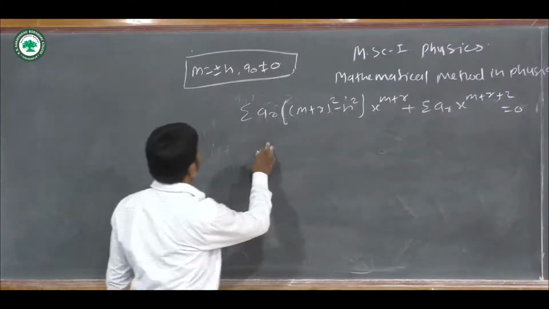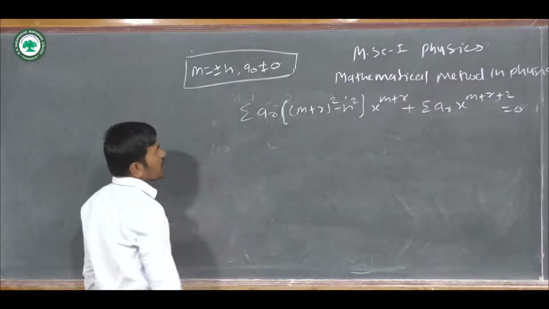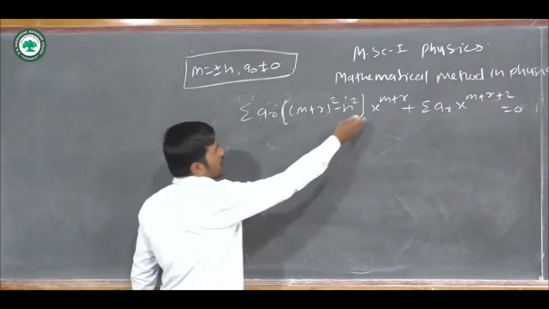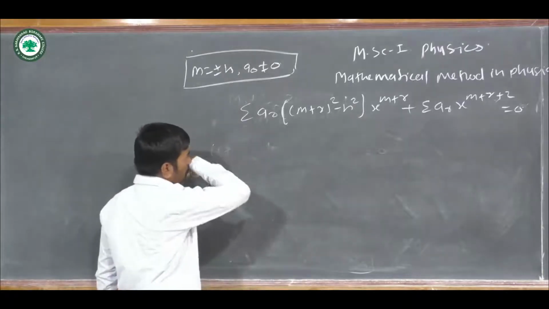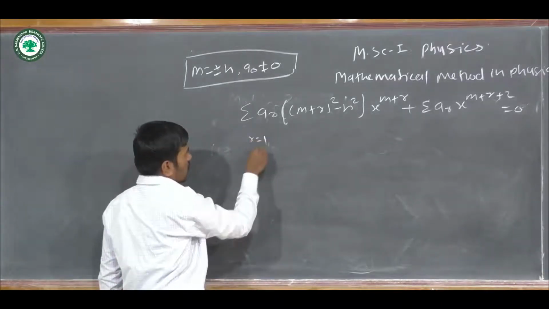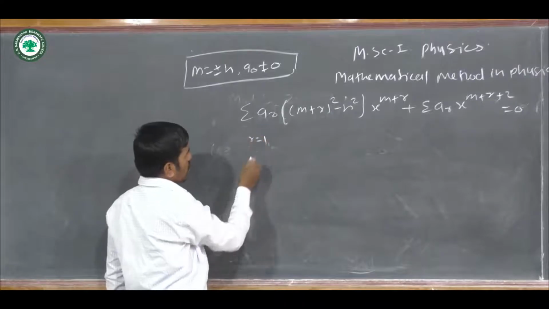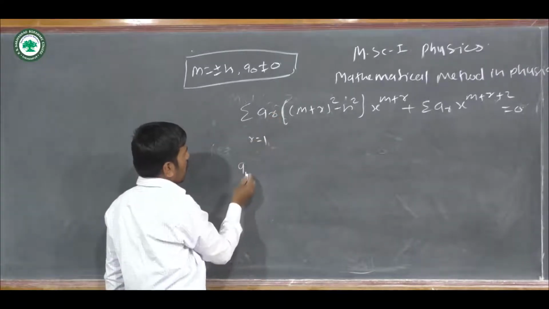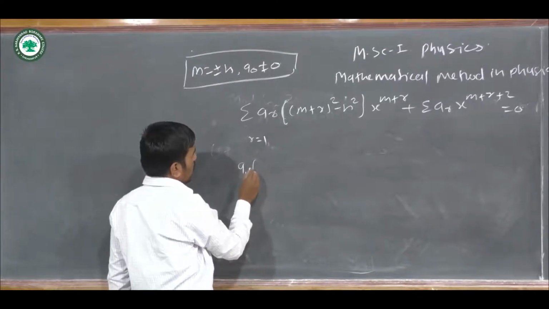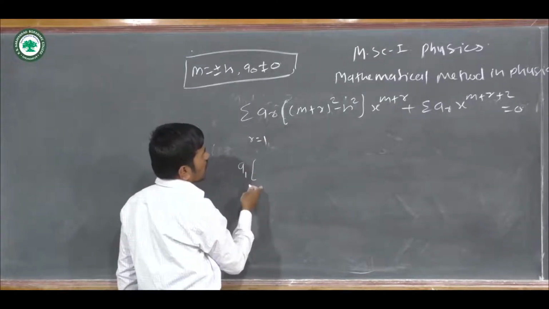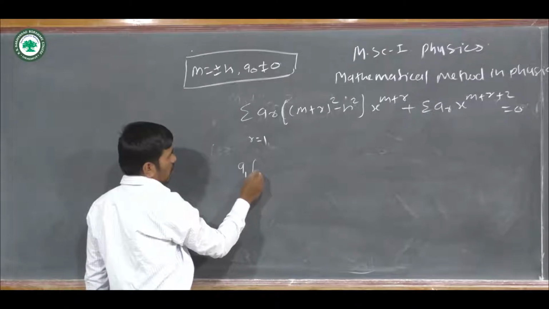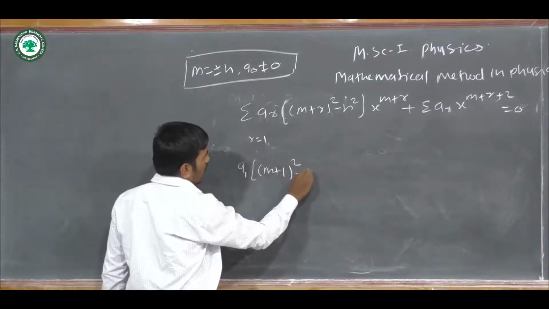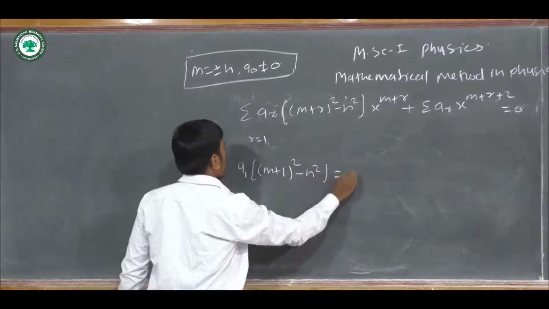Now if I try to find the next lowest degree terms, the x power m plus 1, after considering r equal to 0, we can find a1 for this first summation. The coefficient of this next lowest degree term is a1 into (m plus 1) bracket square minus n square, which is equal to 0.